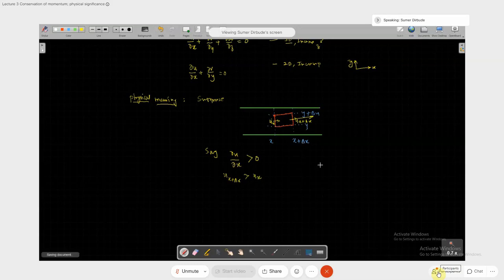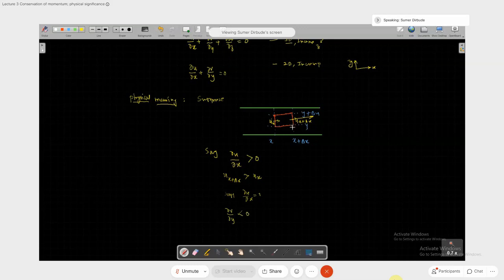So what does this mean? A small amount is coming in, a large amount is going out. So what should ∂v/∂y be in order to make this sum zero? Say this positive quantity ∂u/∂x equals 1. Then in order to make the total equal to 0, ∂v/∂y should be less than 0.